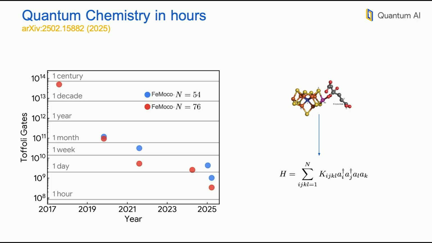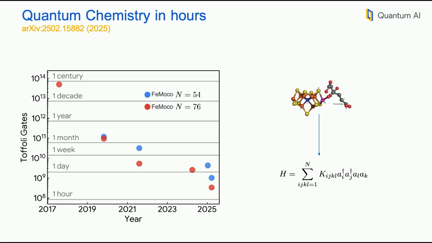What's shown in this plot is the gate complexity in terms of highly expensive resource states like Toffoli gates as a function of time. Each of the dots is an algorithmic paper that improves on prior results by factors of 2 to 4, and SOSA is all the way on the right here, which is quite nice.